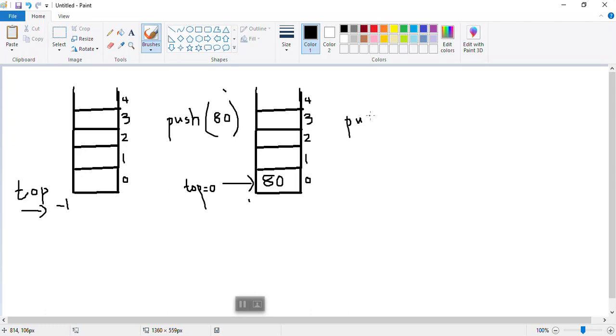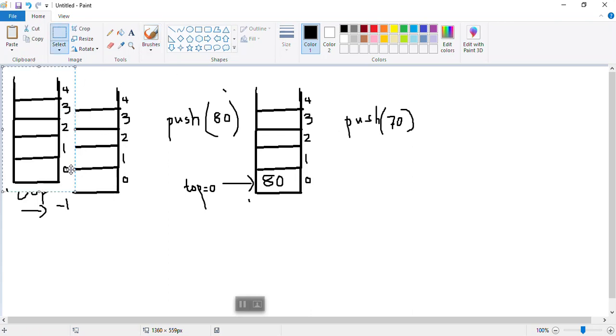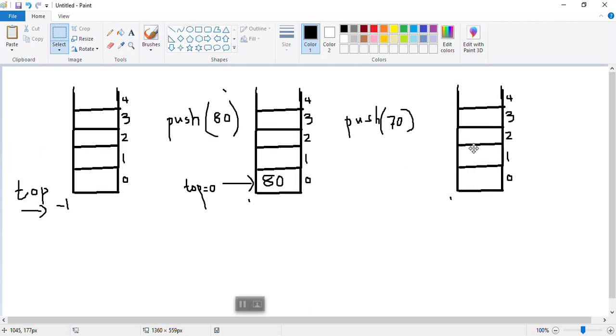Similarly, if I call another push operation here, some 70, now what? The top value was 0 with 80 already present.